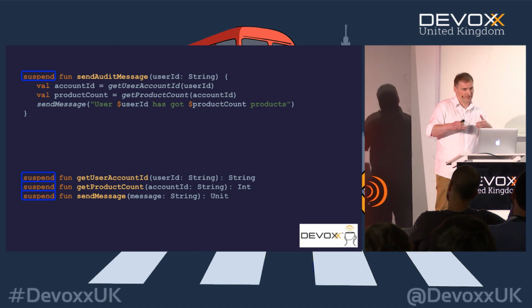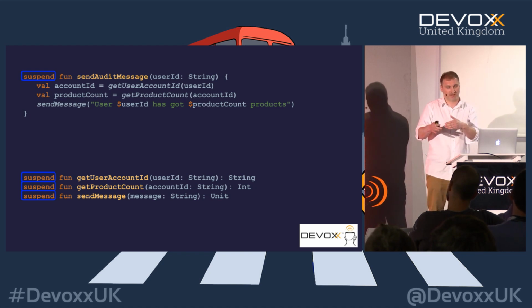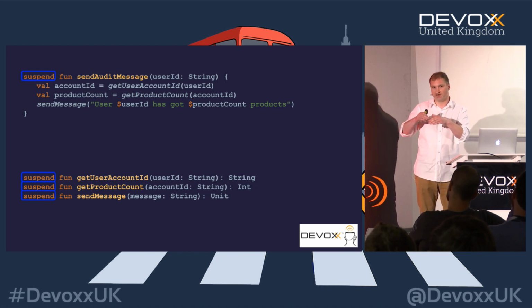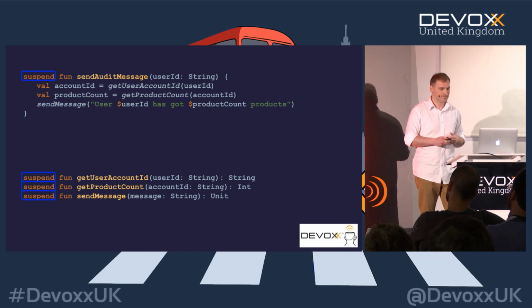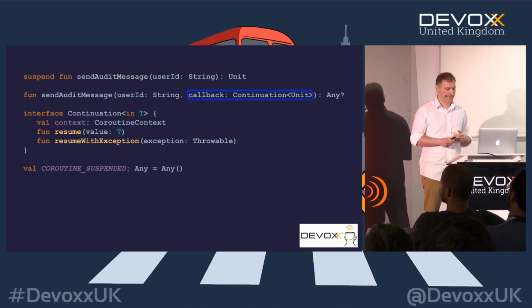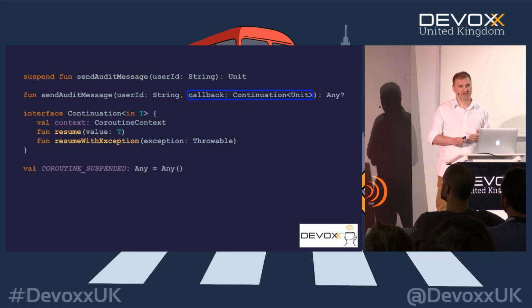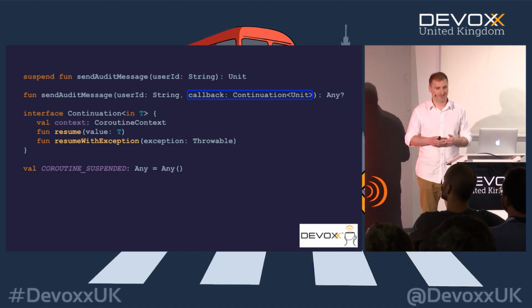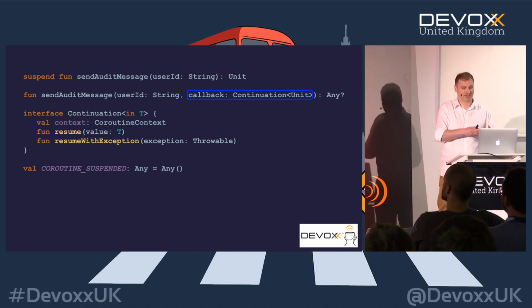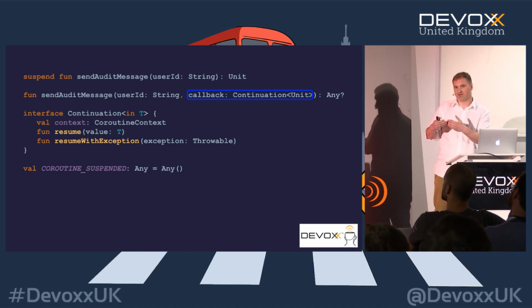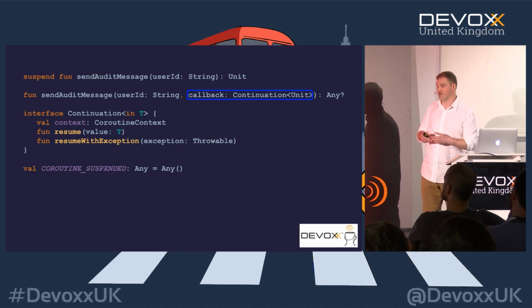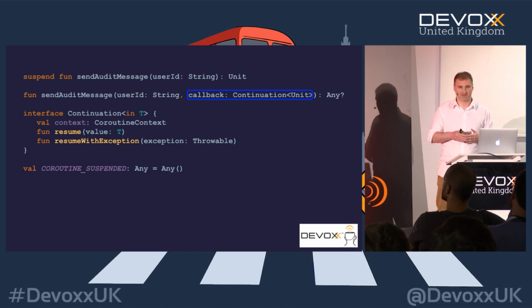In order to understand how this suspending works, we have to go deeper. We have to look at how the Kotlin compiler generates the code of this function. First, we have to look at the signature of the function. If you have a suspending function like sendAuditMessage, in the bytecode generated by the Kotlin compiler, the function looks a bit different.